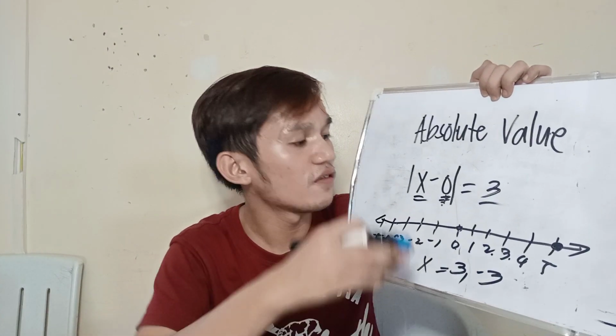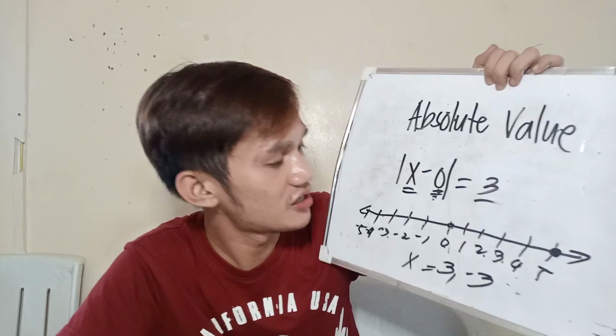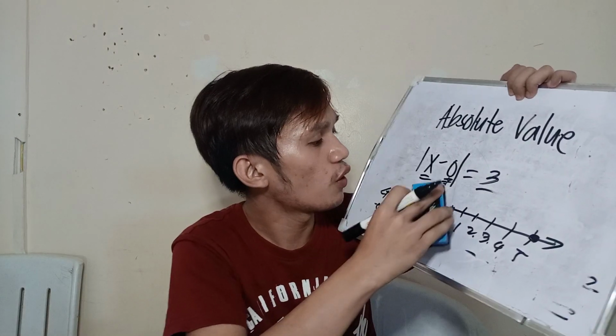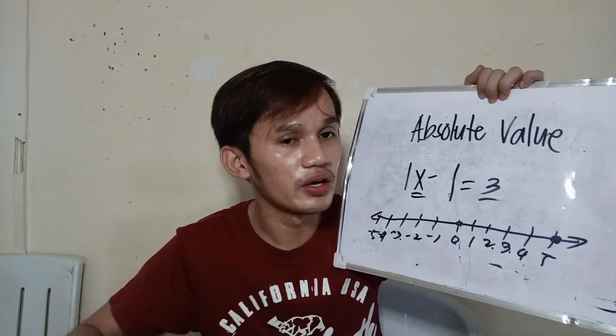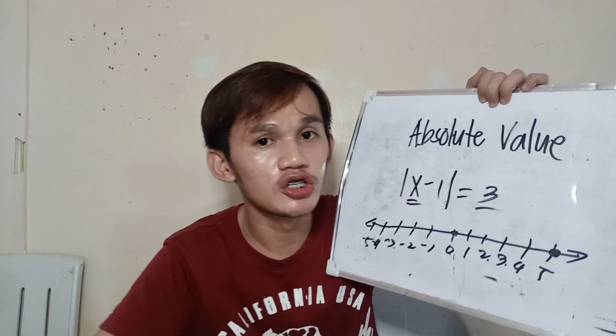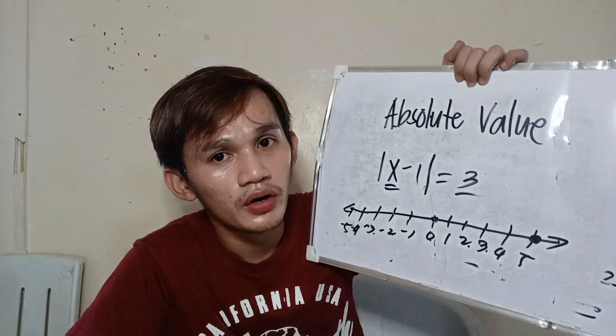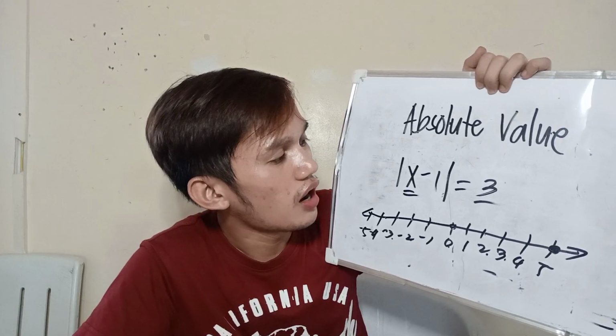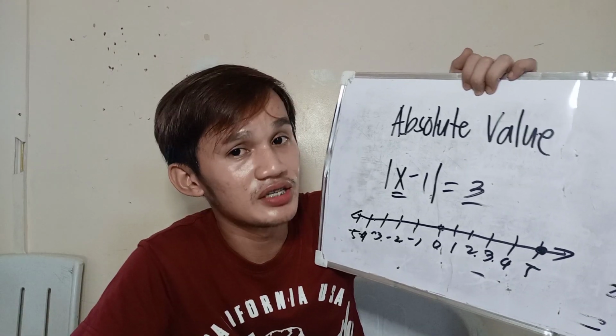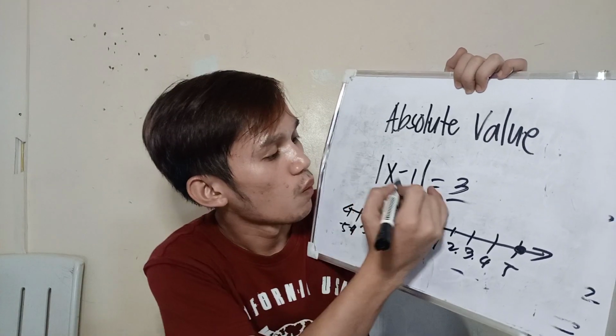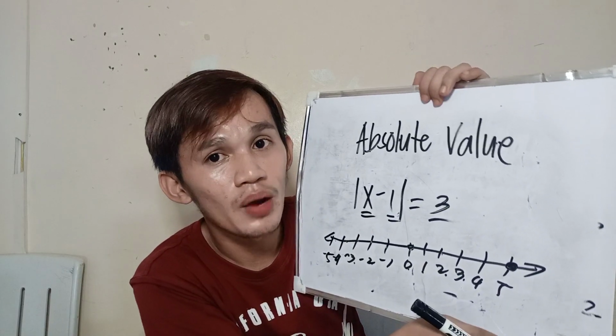How about if the reference point is not 0? For example, let us change this. This is, let's say, x minus 1 equals 3. So remember, your reference point now is no longer 0, but 1.